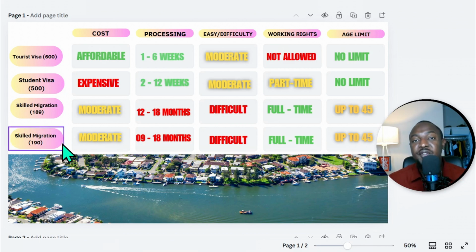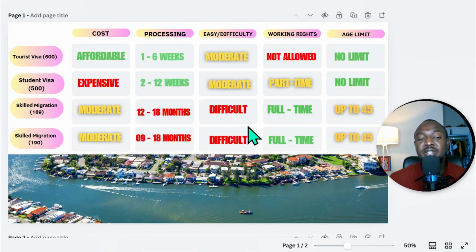So you get an invitation from a particular state in Australia, and every state has its own unique requirements you need to meet. Cost, I'll say it's moderate. Processing time, you'll be looking at around 9 to 18 months to go through the process. How easy is this? I'll say it's difficult.